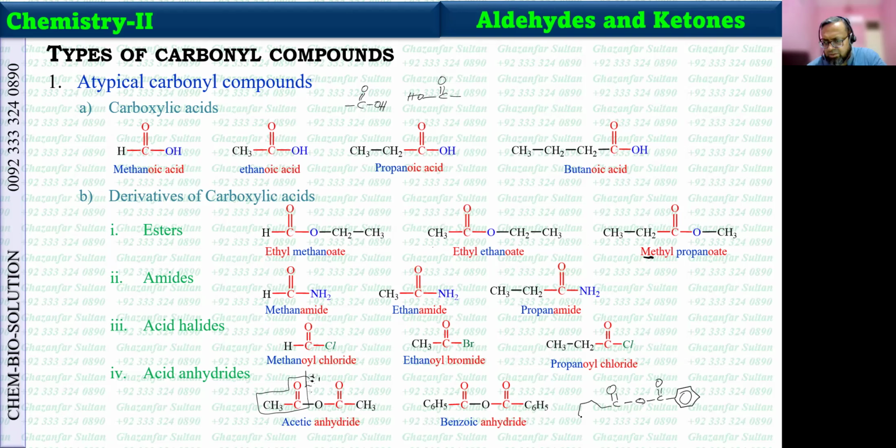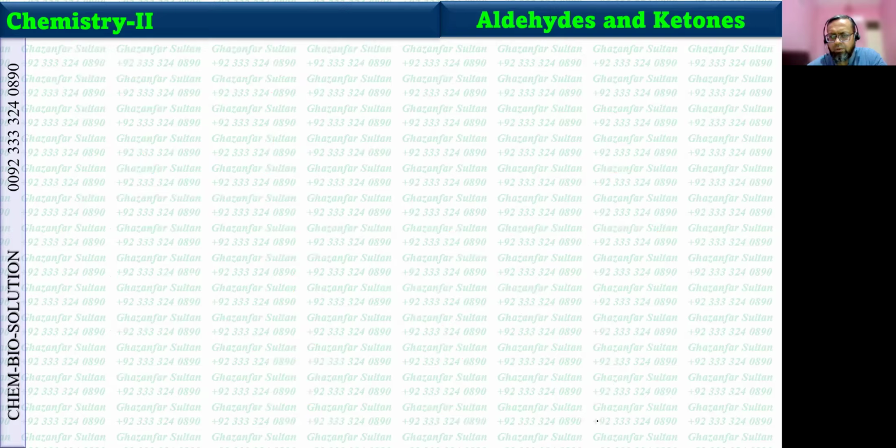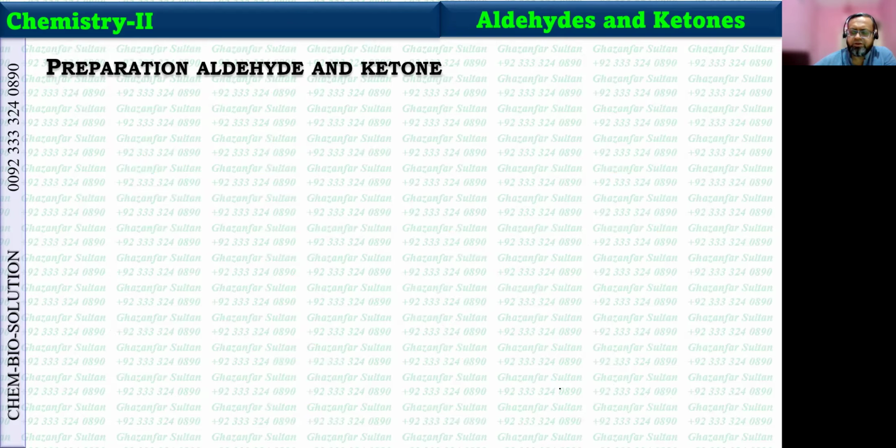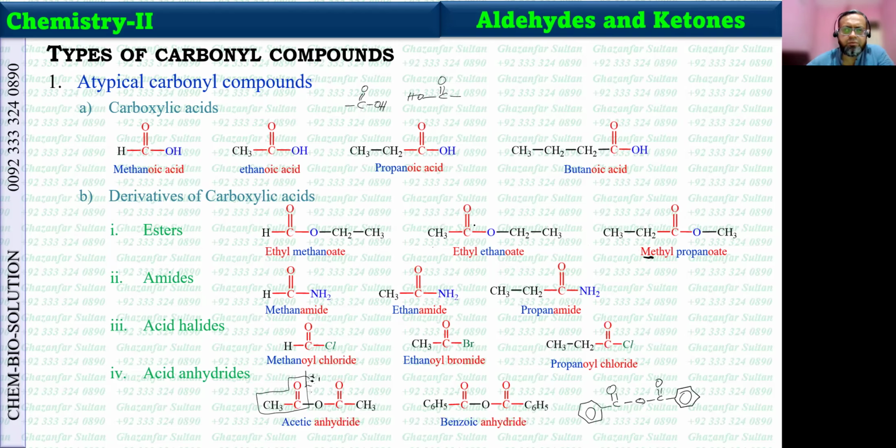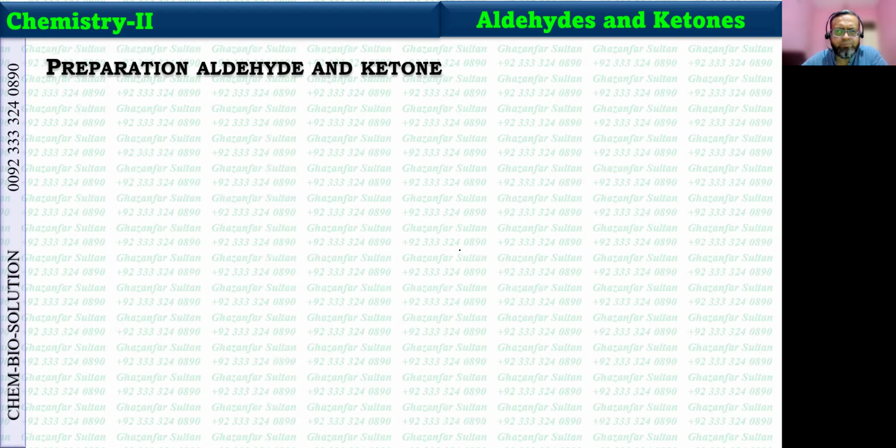So this is benzoic anhydride. But remember that when you are talking about the general carbonyl compound, then you will consider only the aldehydes and ketones, because these atypical carbonyl compounds are studied separately in our syllabus.